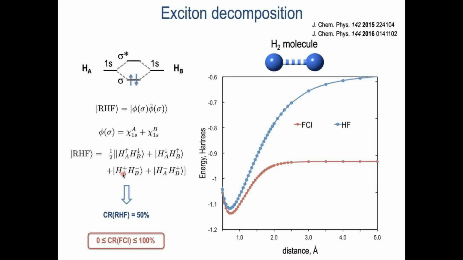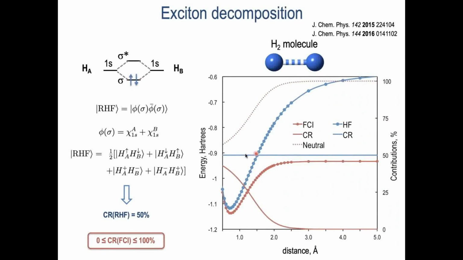So if we apply our tools to analyze now the full CI wave function and the Hartree-Fock wave function, we obtain, as I said, the contributions here, and in this blue solid line we have the charge resonance contribution of Hartree-Fock, which as expected is 50% all along the dissociation, whereas in full CI we gather different amounts of charge resonance, much larger and closer to Hartree-Fock at shorter distances, and they obviously go to zero when we stretch the molecule.